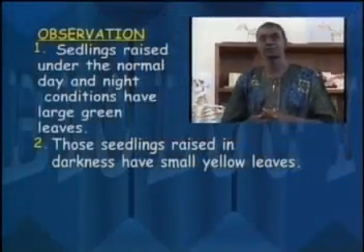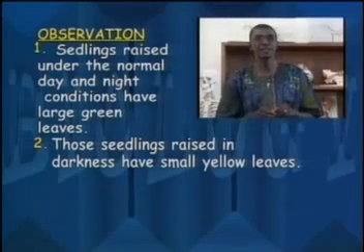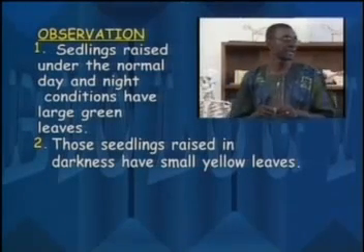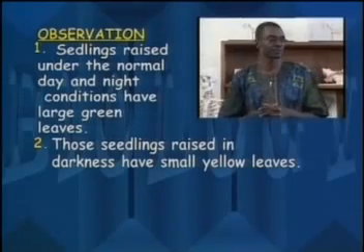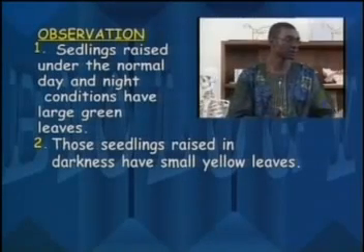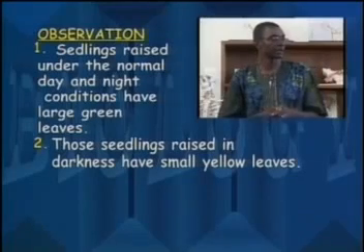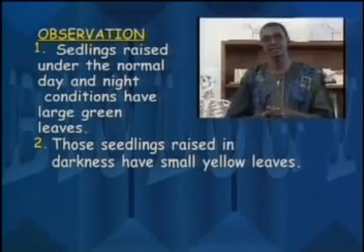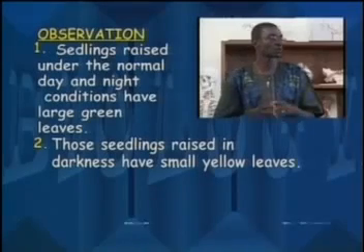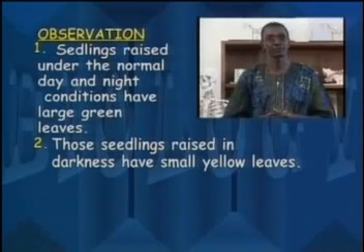Now, observation: seedlings raised under normal day and night conditions have large green leaves. We observe it from the experiment. Those raised in darkness have small yellow leaves.